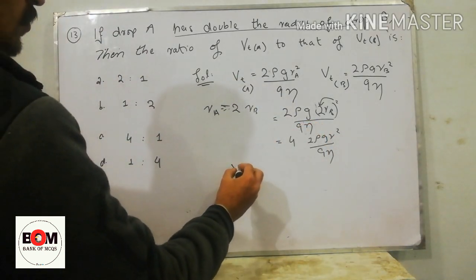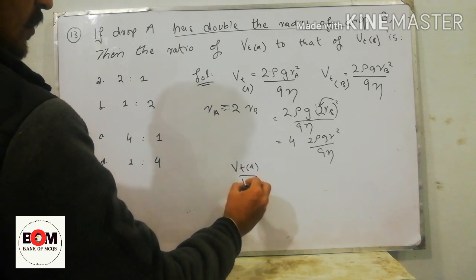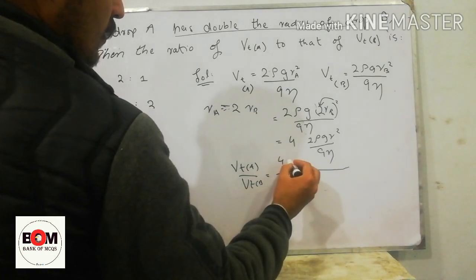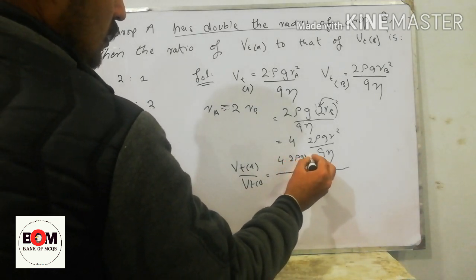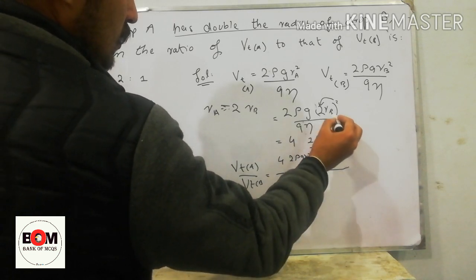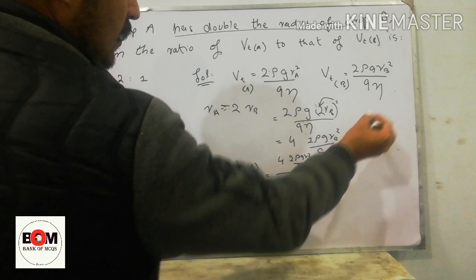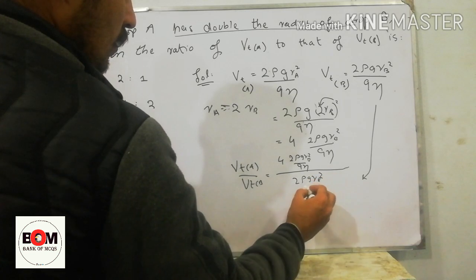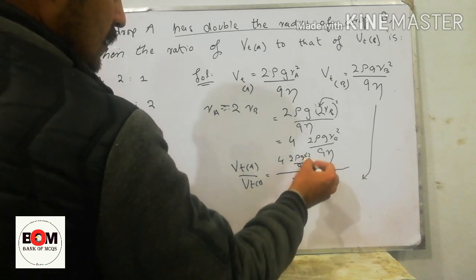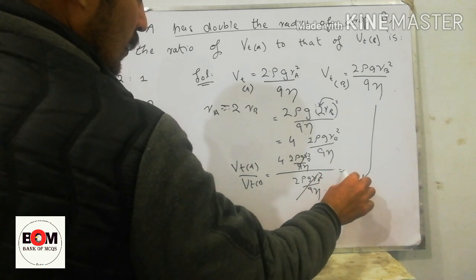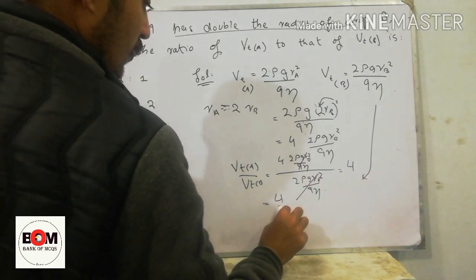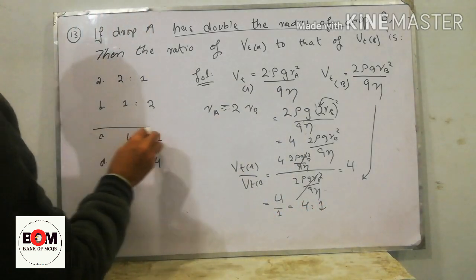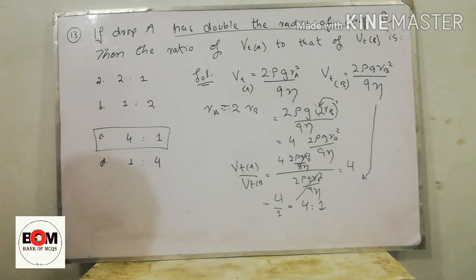Now to find V_tA divided by V_tB: this whole thing, that is 4 times 2ρgr_B² divided by 9η, divided by V_tB, that is 2ρgr_B² divided by 9η. This cancels with this and we will simply get 4 divided by 1, or the ratio 4:1. So the answer is 4:1.